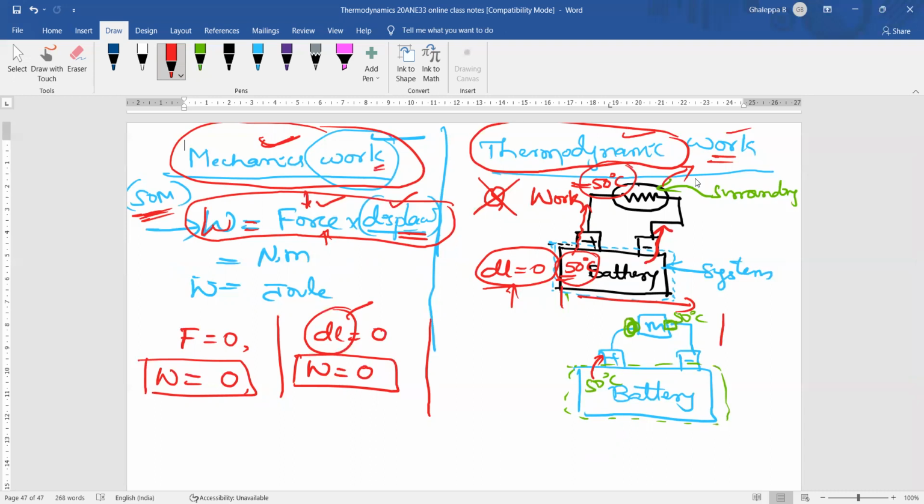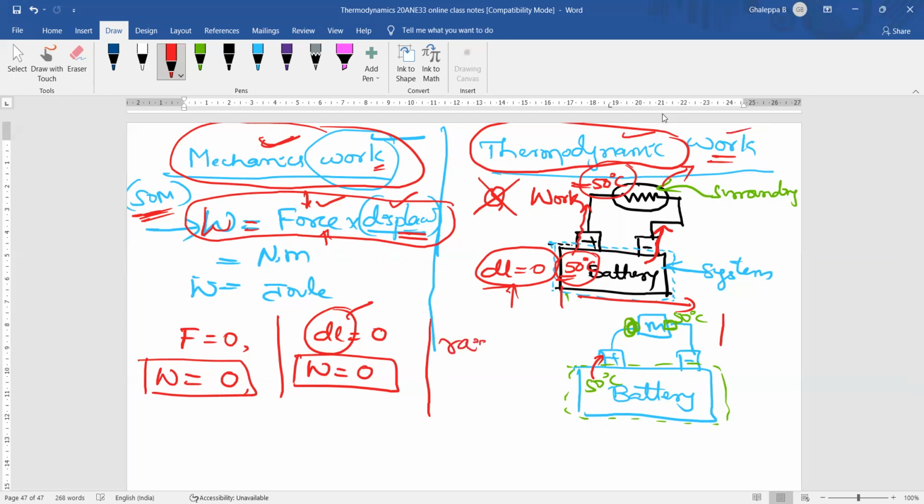Raising a weight means there will be some mechanical movement, some reciprocating or rotary motion. That is thermodynamic work. So thermodynamic work is an energy transfer from system to the surrounding, and it is equal to raising of a weight.